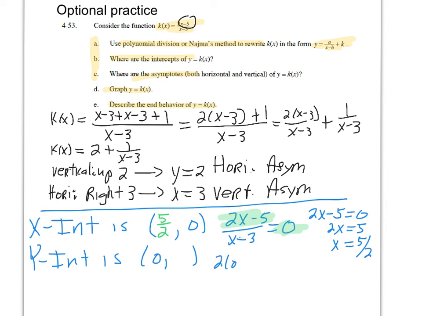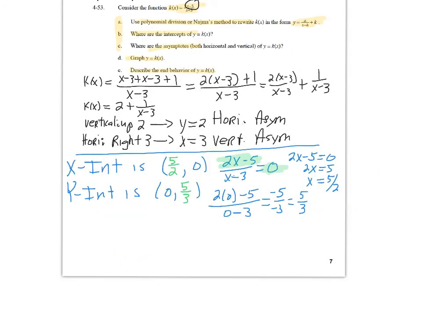So 2 times 0 minus 5 over 0 minus 3 comes out to be a negative 5 over a negative 3, or a positive 5/3. So my y-intercept is 0, comma 5/3.